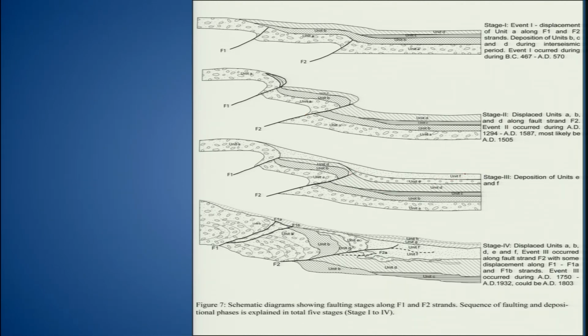And then there was a phase of deposition, that is your unit F, which capped units E and F, which were deposited after the event which took place, and this was the event horizon. After the deposition of unit F, there was a final earthquake, that is your most recent earthquake.